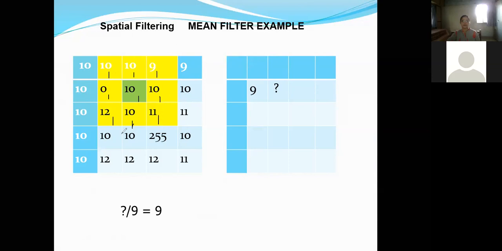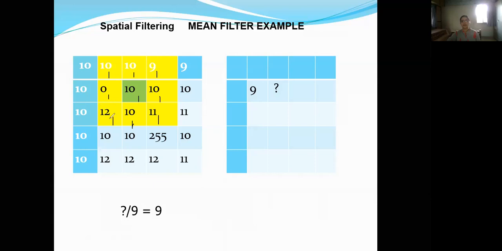This yellow region gives you the next local neighborhood for the next pixel value. The process is continued till the last column. Then the mask is scrolled downwards, and you can determine the new value of a new pixel, which is 12, after completion of all columns from the first row. You can go to the next row and so on.